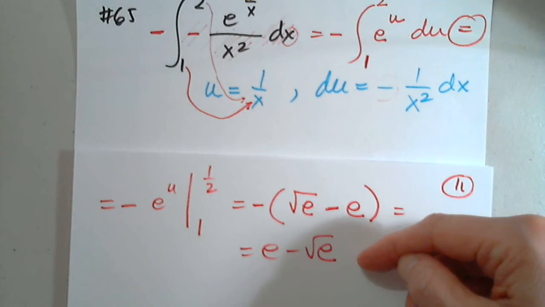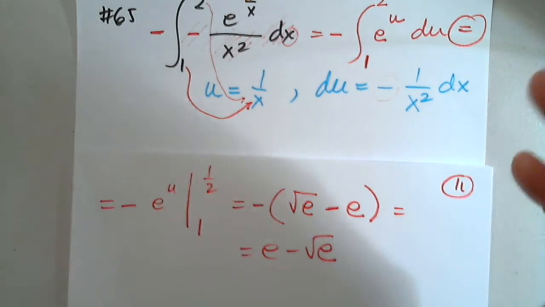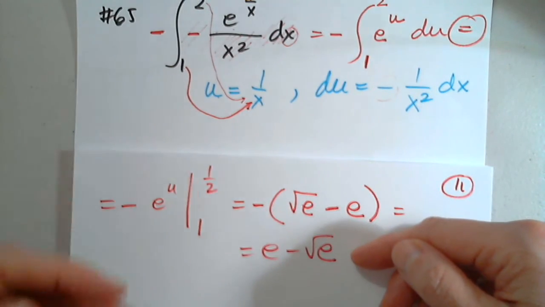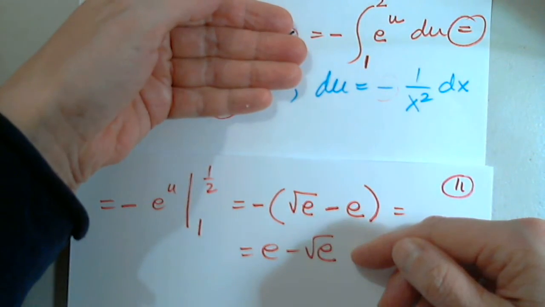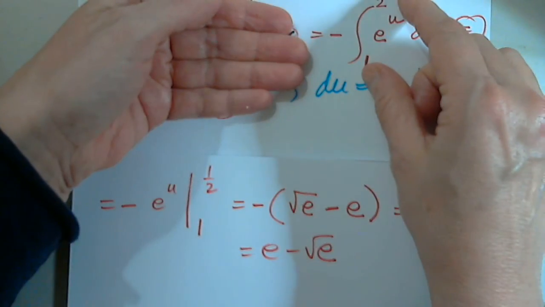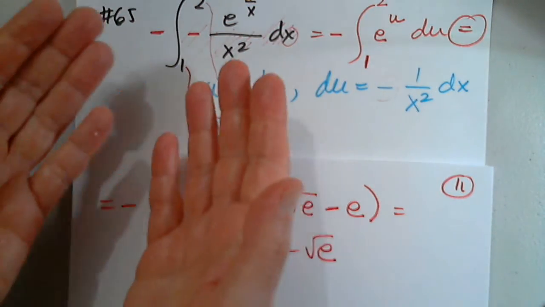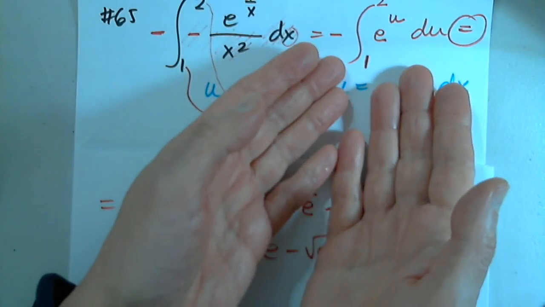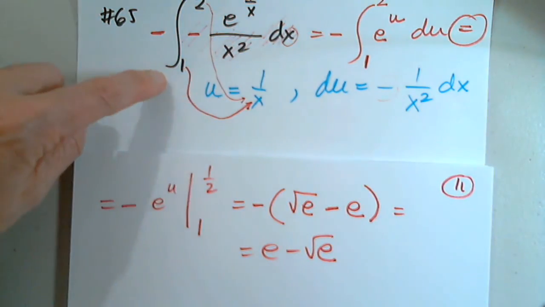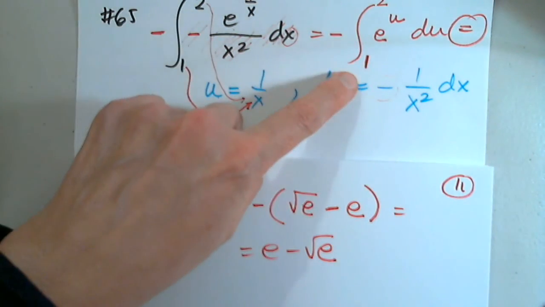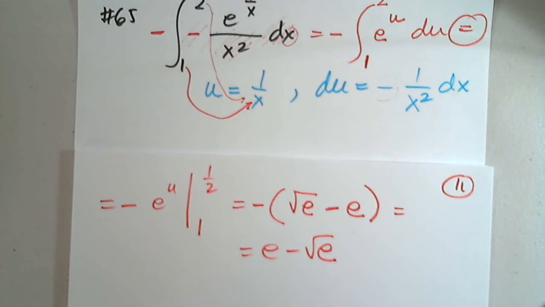The answer is a number. You cannot check anyway unless you plug it in the graphing calculator, right? So why go back? You have new limits of integration, and the answer is a number. You will obtain the same number if you integrate with respect to x or with respect to u. With respect to x between 1 and 2, and with respect to u between 1 and 1/2.